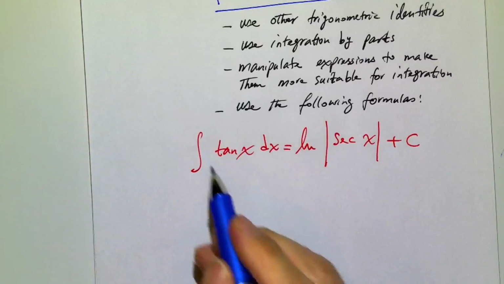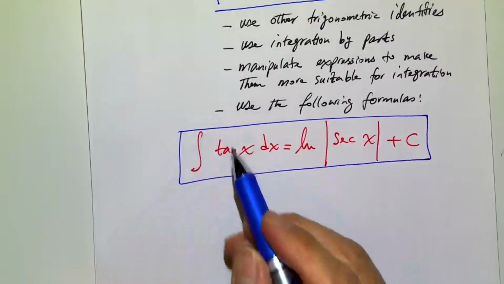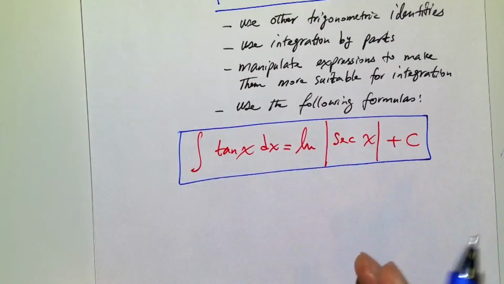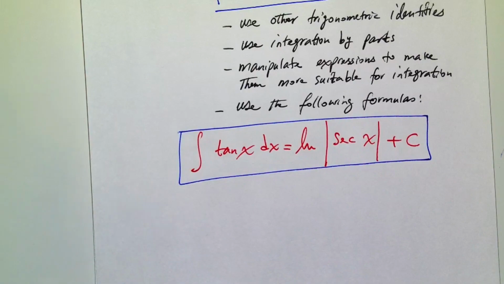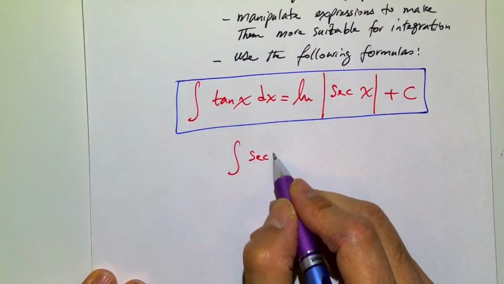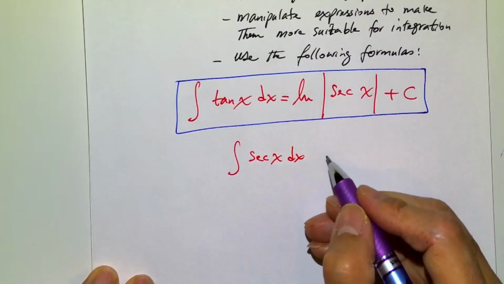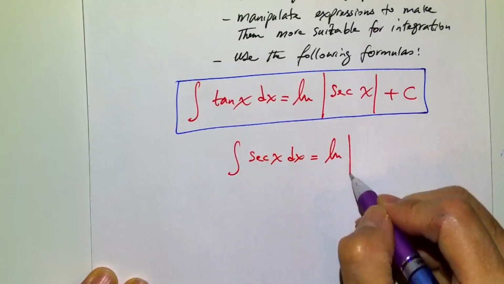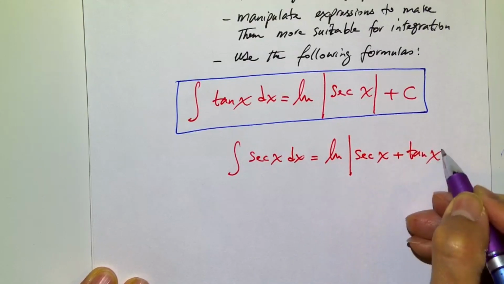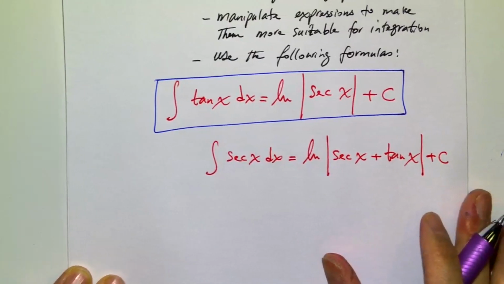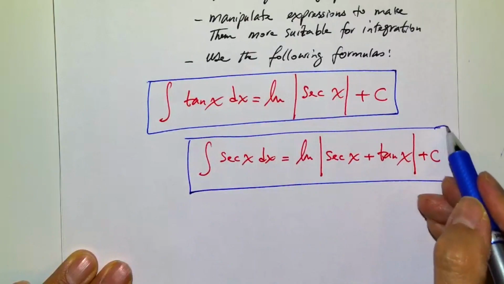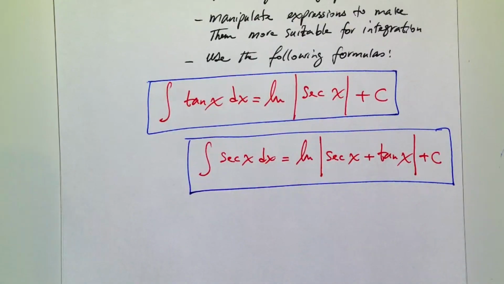If you have an integral of tangent x, you can easily write that down. Or if you have an integral of secant x by itself, you can write that as natural log of secant x plus tangent x plus c. These two formulas are going to be very useful for us.